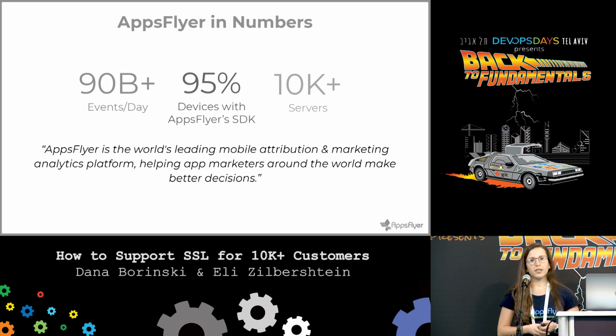And our SDK is integrated in around 95% of all the devices around the world. So basically, most of you, without knowing, have our SDK in your mobile phones. And all this operation is done with a small amount of 10,000 servers, which is a lot.